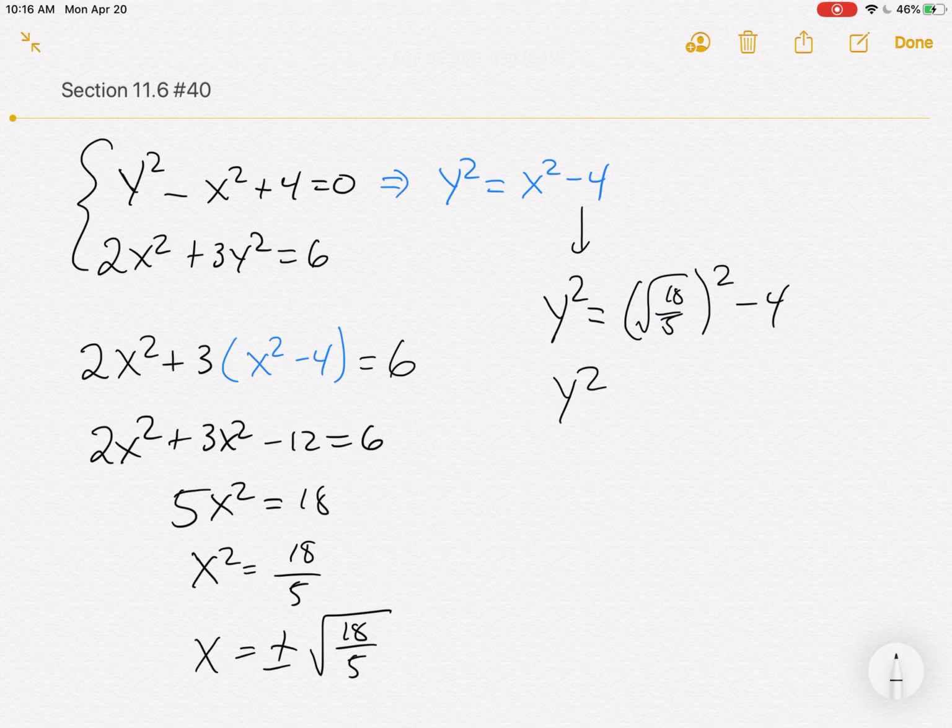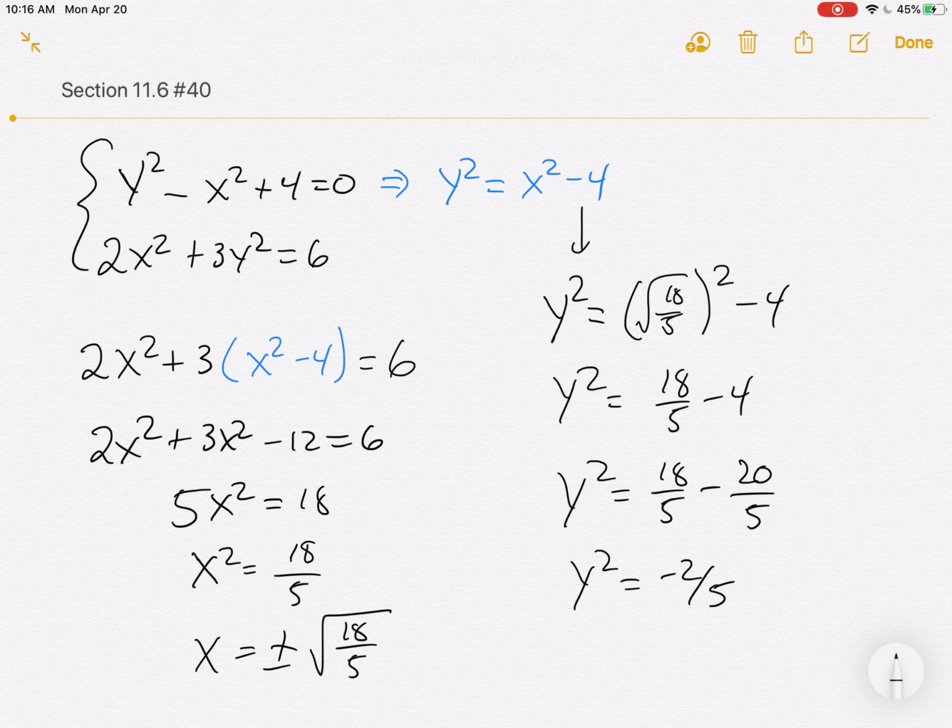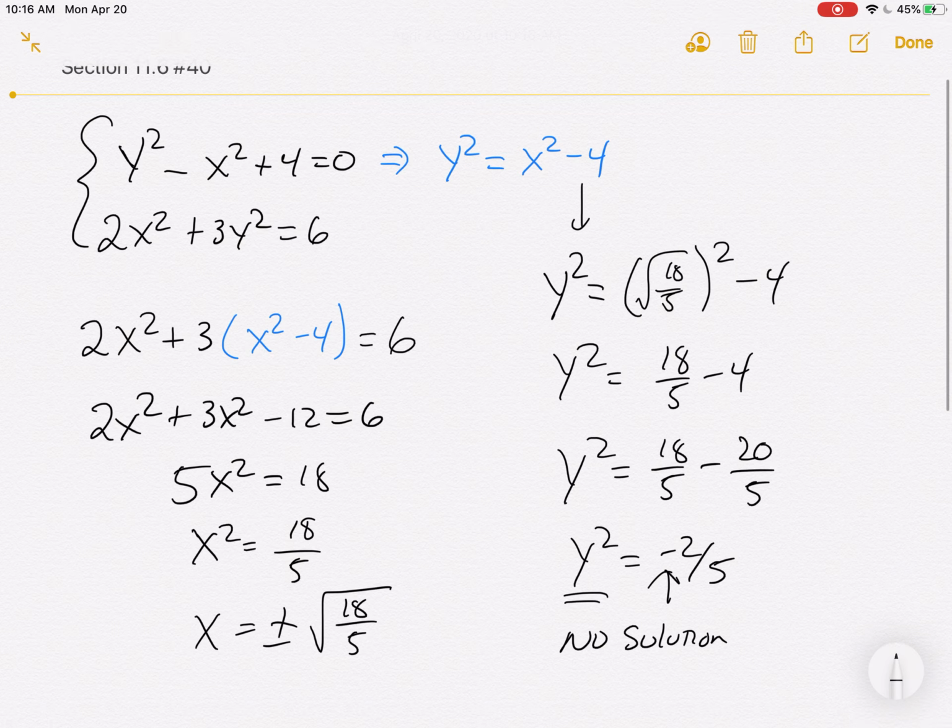Not surprisingly, it comes out to be 18 fifths minus 4. So y squared is equal to 18 fifths minus 20 fifths. So y squared is equal to negative 2 fifths, and we got a big problem. This can't happen. There's no way that something squared would ever equal a negative in the real number system. So there's no solution coming from the positive 18 fifths.